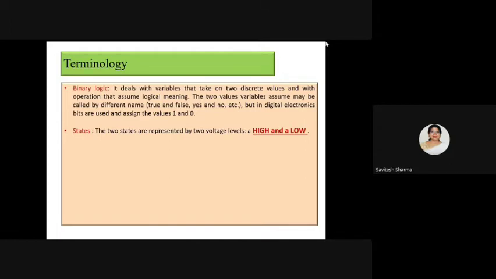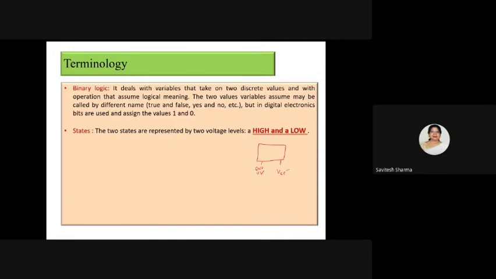There are two voltages in a circuit. For example, in a digital circuit you will use two supplies. One is the ground, which you assume to be 0 volt, and the second is VCC, the highest DC power supply used to enable the circuit. So two voltages are there.